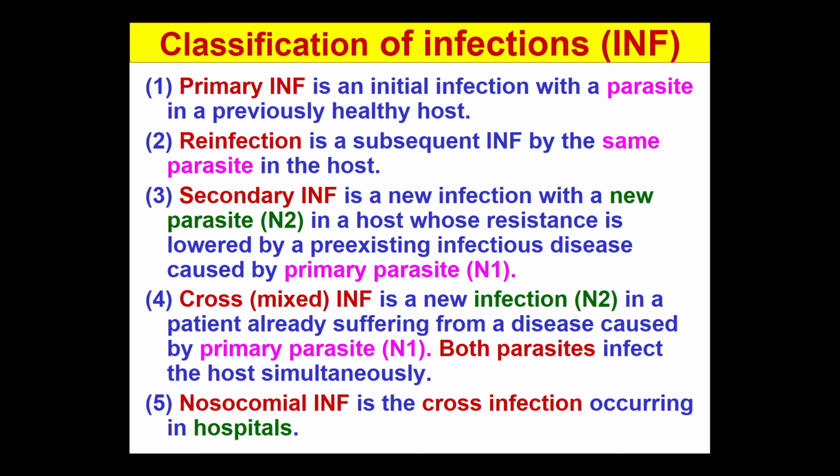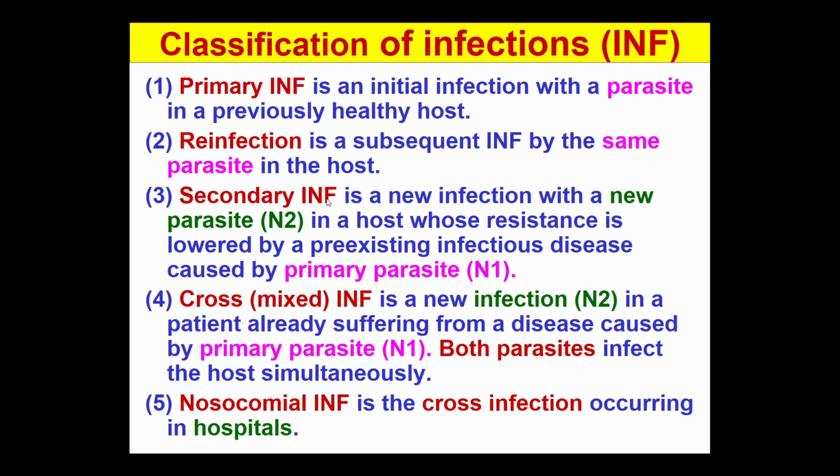But if after 1 year, the same patient again becomes infected by the same parasite, this disease appears again. But before first episode of disease and second episode of disease, we saw the period free from parasite. It means patients didn't have parasite in his body. Reinfection, repeating infection.